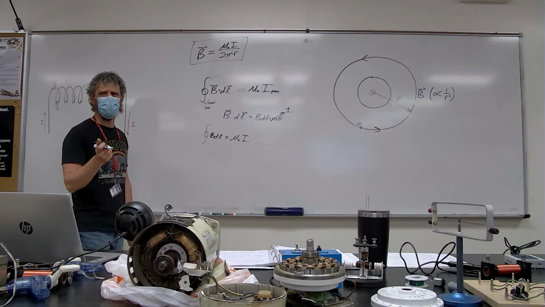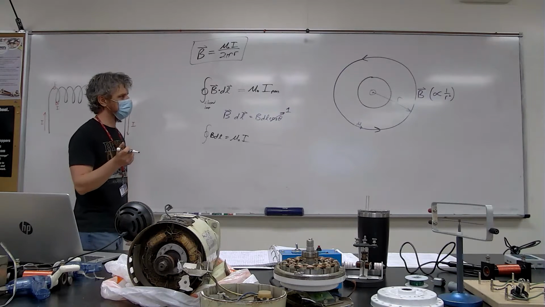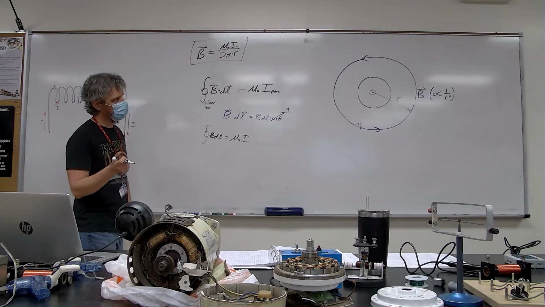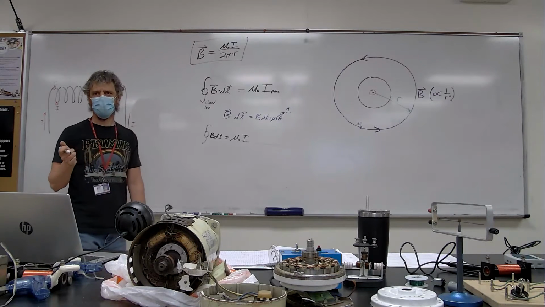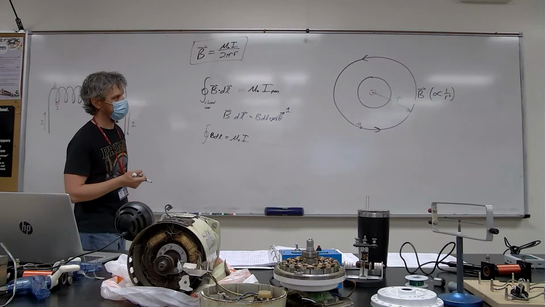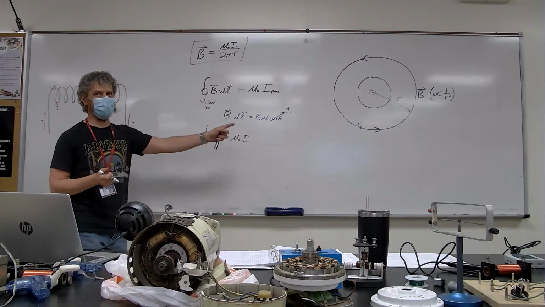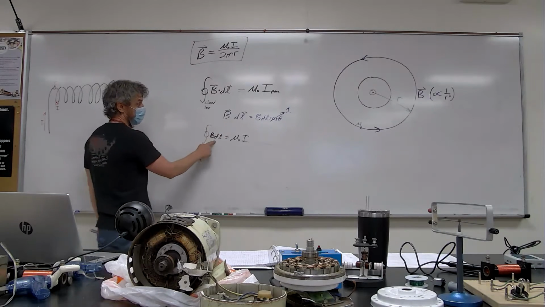R is proportional to the square root of 1 over B, not equal. You have to have an equation for B. That's a proportion.